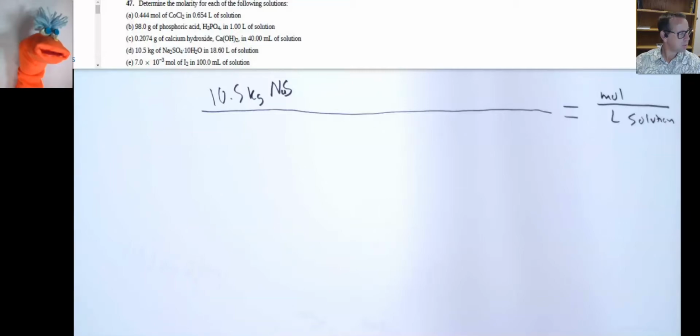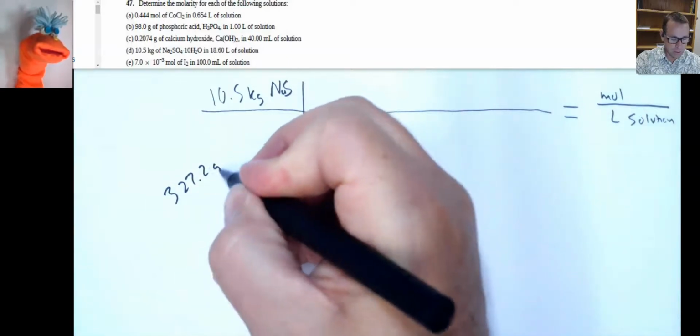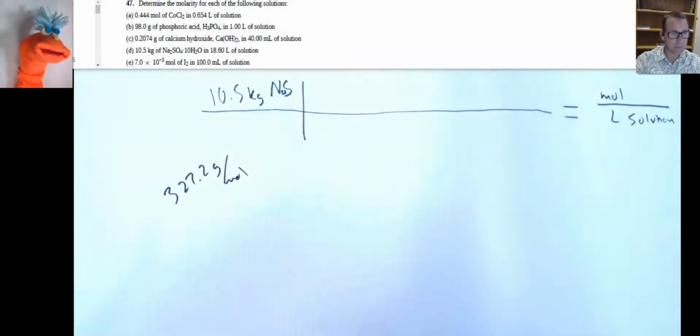Double checking the chemical formula there. Looks good. 322.2 grams per mole. So, let me write that down. 322.2 grams per mole. That's our molar mass of our sodium sulfate decahydrate.